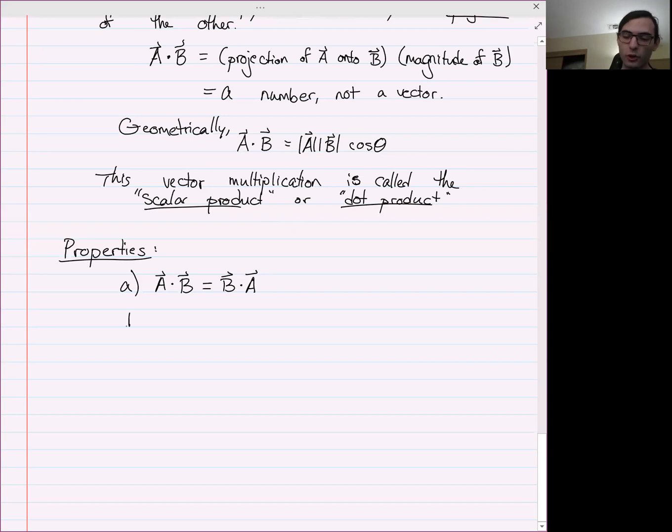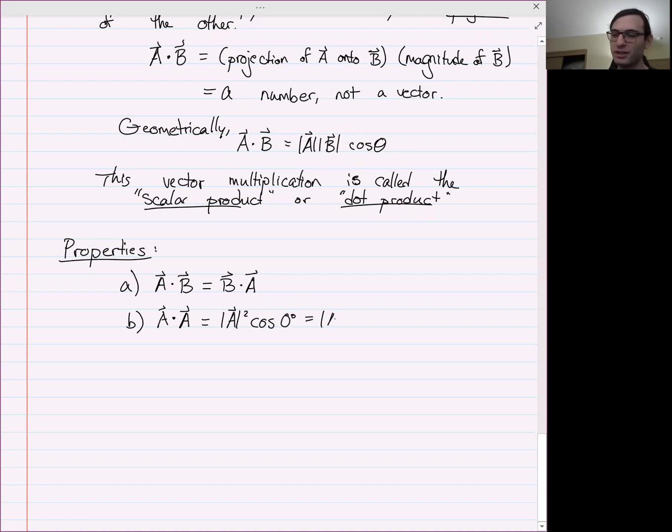There's another property, which is that a vector dotted into itself is just the magnitude of A squared, right? Because it's the magnitude of A times the magnitude of B, but B is A here, times the cosine of the angle between them. But the angle between a vector and itself is 0 degrees, and the cosine of 0 is 1.